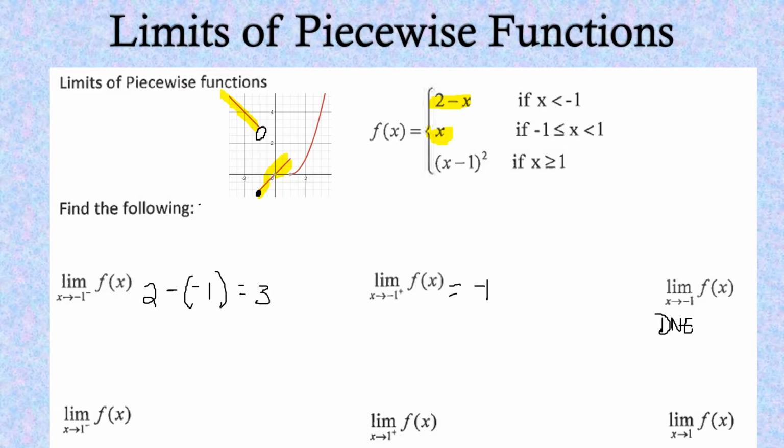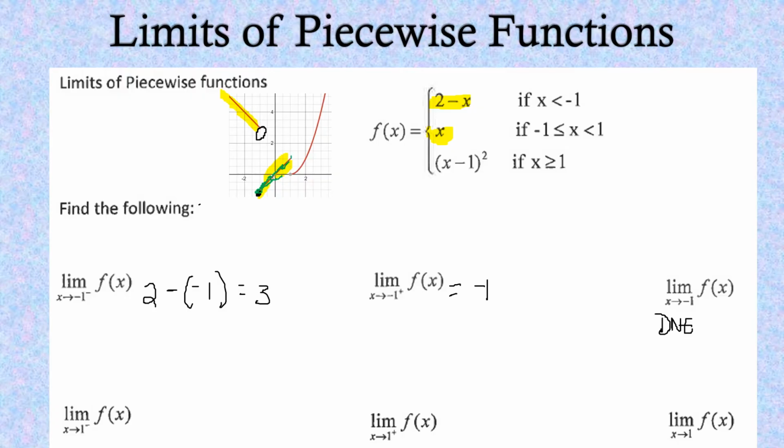Okay, welcome back. So when we're looking at the limit as x approaches +1 from the left, once again, we're going to look at the middle part of this graph. So if I look at the graph, what I see is that I am coming from the left to 1.